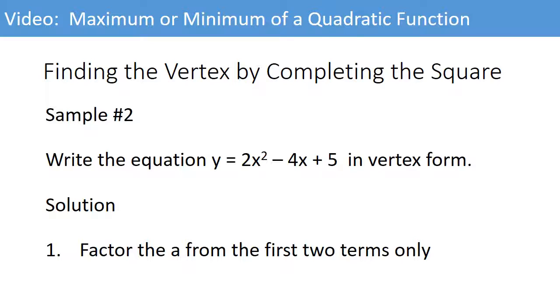In this question, the value of a is 2, so we're going to factor out 2 from the first two terms. 2x squared divided by 2 leaves us x squared. Negative 4x divided by 2 gives us negative 2x. Notice that I've now placed these inside square brackets. There's a reason for this. You will find out soon enough.